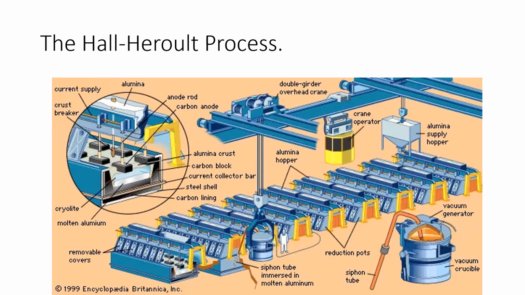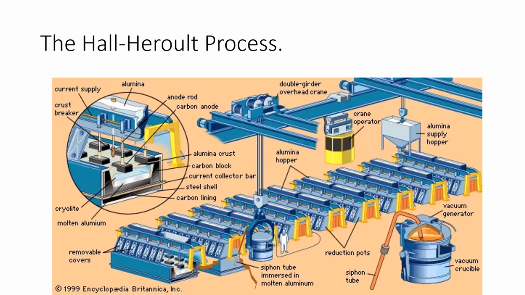Within the reduction pot, alumina is dissolved in molten cryolite at a temperature of 1760 to 1780 degrees Fahrenheit to form an electrolyte solution that will conduct electricity from the carbon rods to the carbon lined bed of the pot.